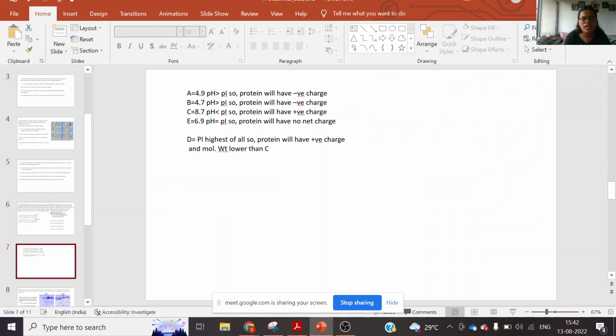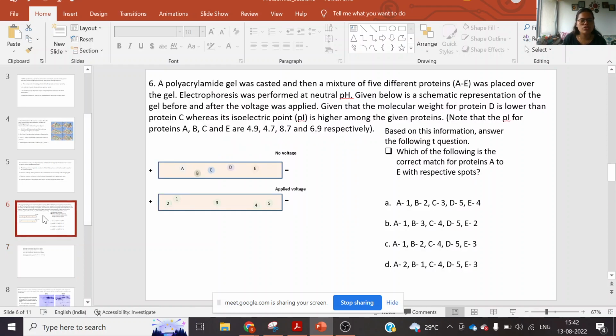And in the case of A and B, 4.9 and 4.7, it will have a negative charge, so it will move towards the positive rod, the anode. So here will be your proteins A and B. So option C is correct.